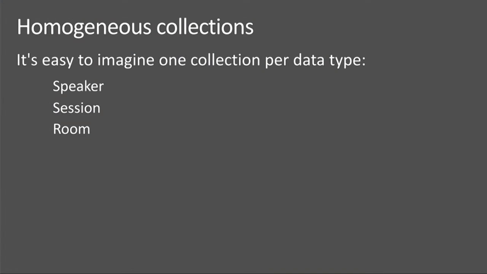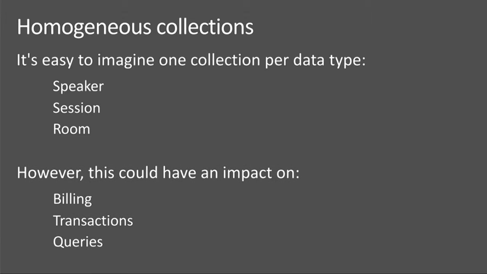So in the relational world, when we had things like speaker and session and room, you would go and build tables for each of these. And you could still do this in the document world. We call these collections. And so you can have a speaker collection, session collection, room collection. Not a problem. That works fine. However, you have to think about what kind of impact this has. For instance, on billing, maybe you pay per collection.